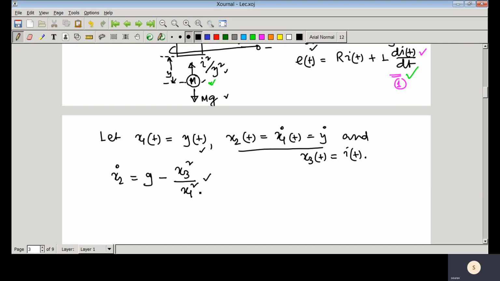And what is x1 dot? The x1 dot equals x2, which you have already defined here. And what is x3 dot?